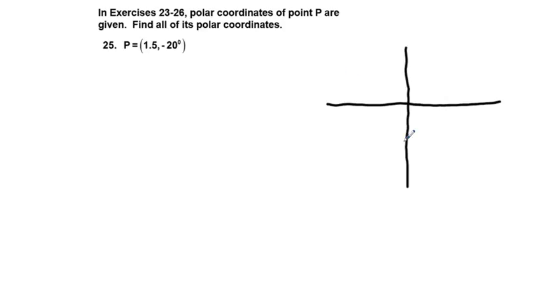We have a rotation of negative 20 degrees, so I'll put this right over here in quadrant 4. And this will be a distance of 1.5, and this angle here is going to be negative 20 degrees. So that's going to be the angle separation from the x-axis to the bottom side, and then we're going to draw a point over here to the right.